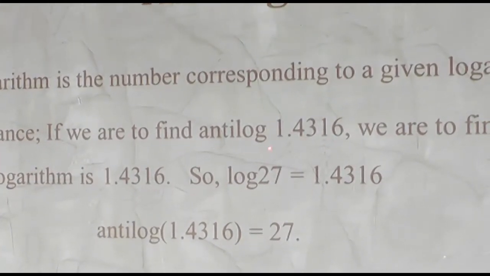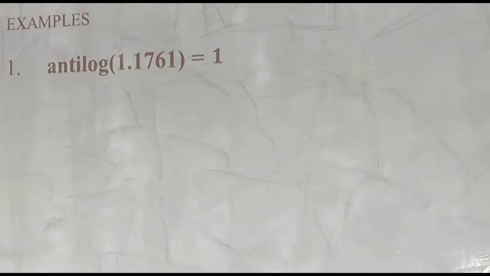So that is all about antilog. So log 27 is 1.4316. So we can say the antilog of 1.4316 is 27. Okay? So we are going to be looking at some examples.